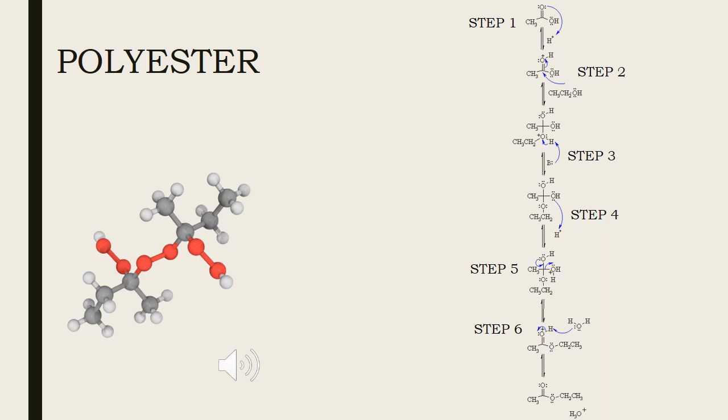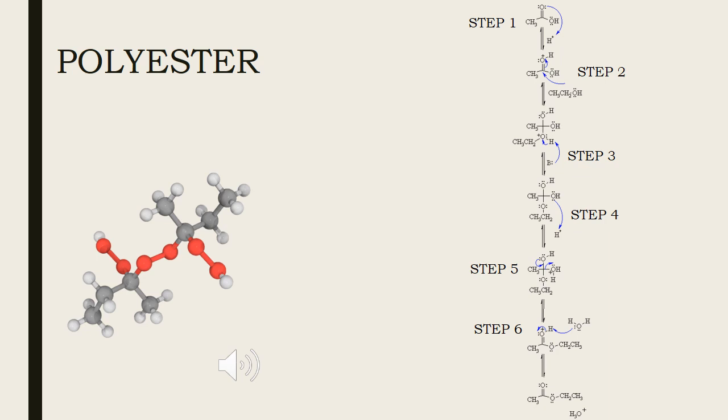Polyester is a synthetic resin in which polymer units are linked by ester groups through nucleophilic acyl substitution type of reaction. This reaction is also known as Fischer esterification.